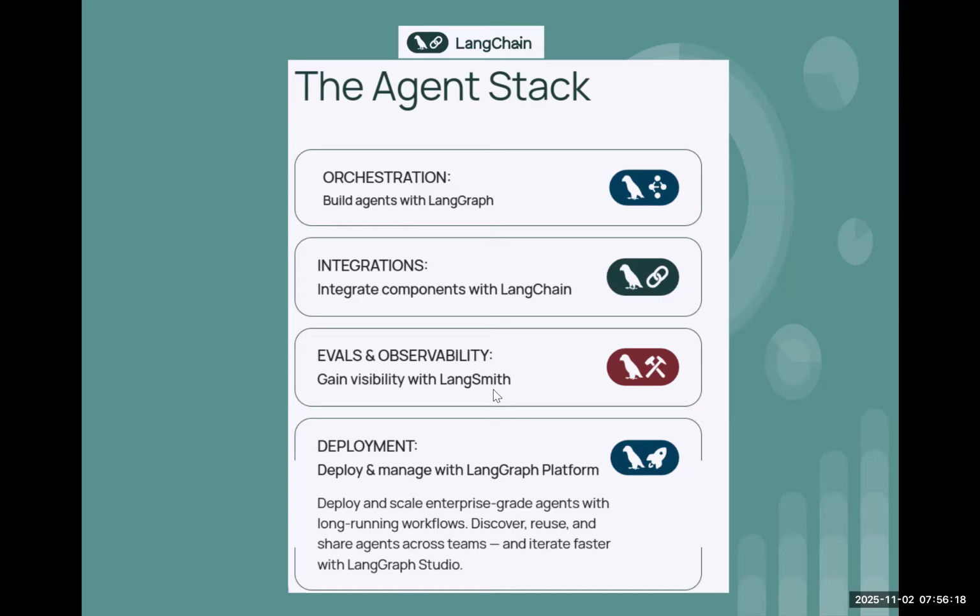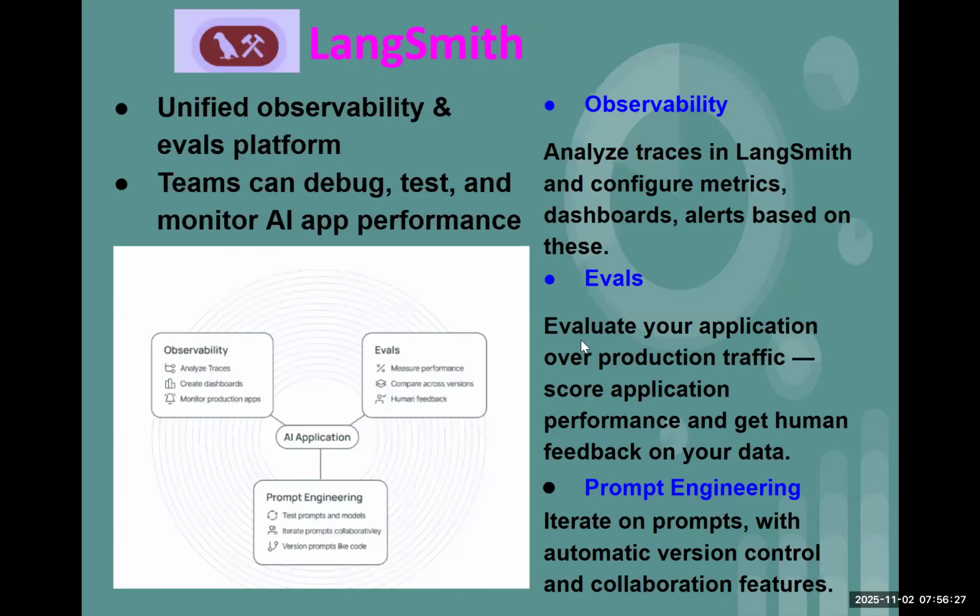Another component of this stack is LangSmith, for visibility, evaluation, and observability. How all of this comes together is, if you have an application, you do prompt engineering, observability and evaluation for your application. Observability is basically tracing in LangSmith, with configured metrics, dashboards, and alerts based on these.